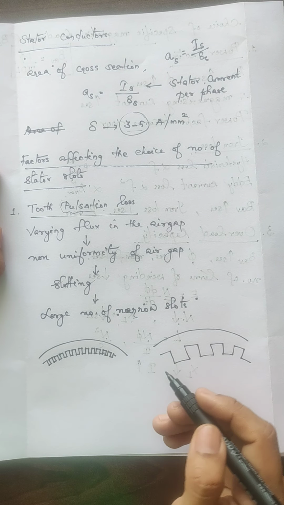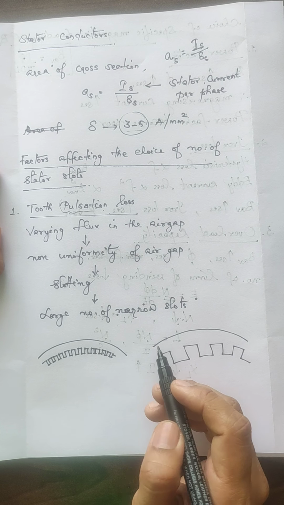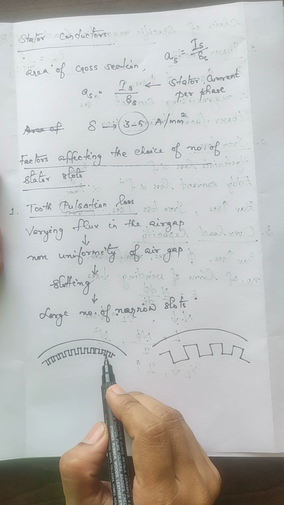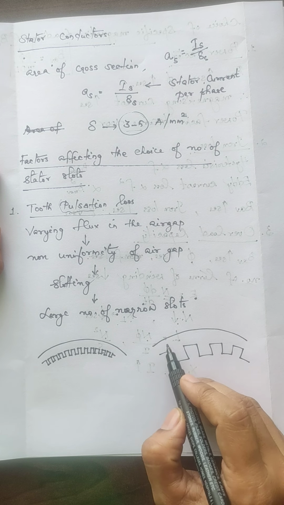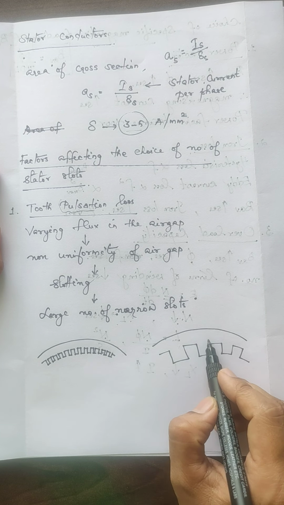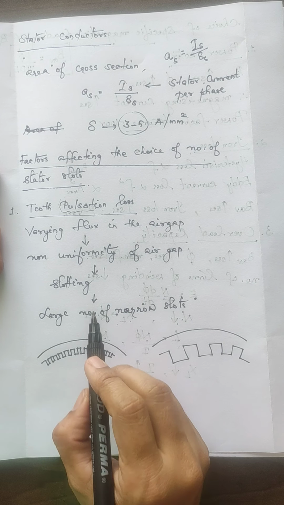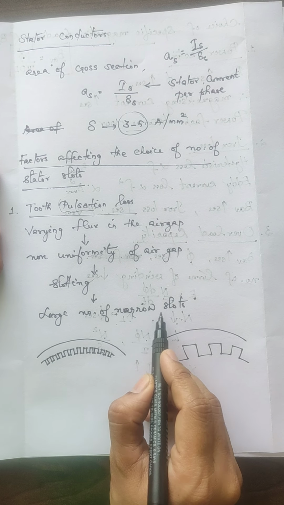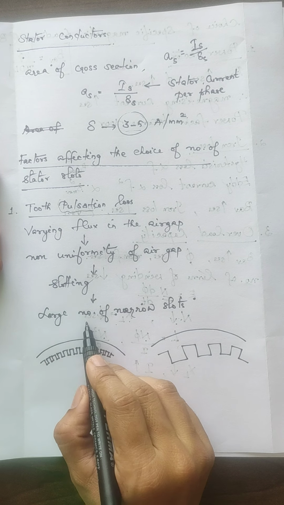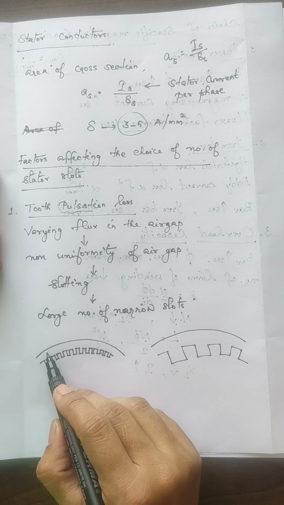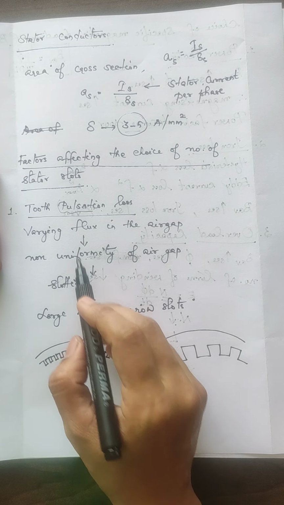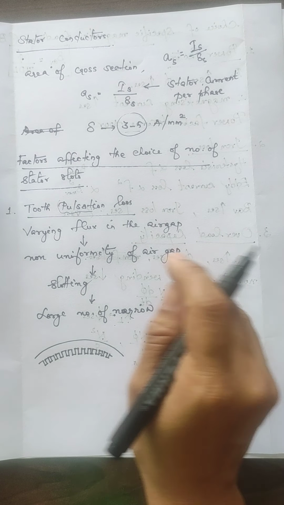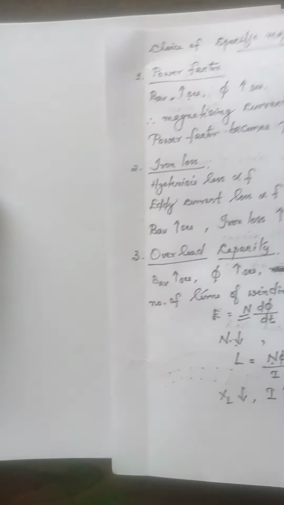In this case the air gap is almost uniform, but here the non-uniformity is more. The air gap is very much non-uniform here. So we can reduce that non-uniformity by using a large number of narrow slots, and hence tooth pulsation loss can be reduced. That is the first factor. Now moving on to the second one.